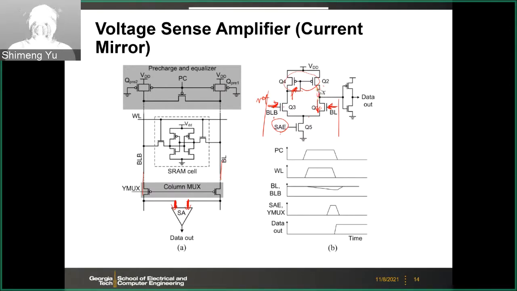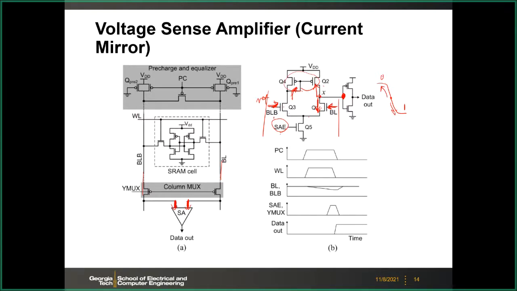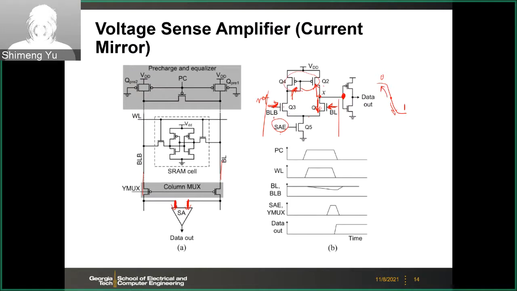The output will be the difference between the pull down and pull up current strength. That will change the voltage here, or the output voltage. And then if the output drives another inverter, then with the inverter VTC curve, you can pull it up and pull it down, then you will get 1 and 0 out. So this is the simplest voltage mode sense amplifier.